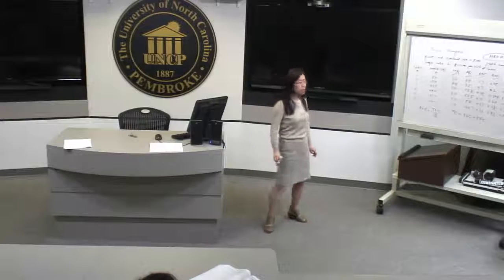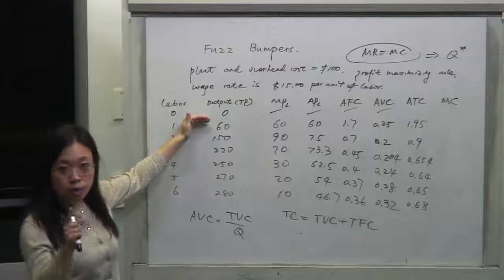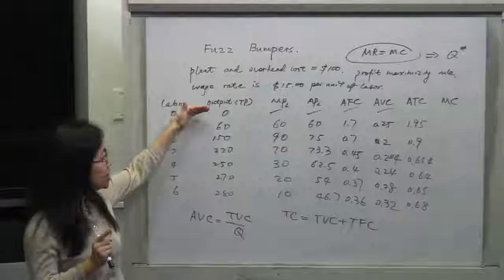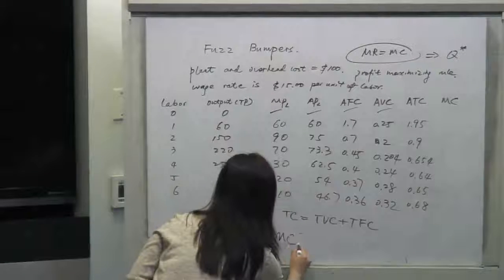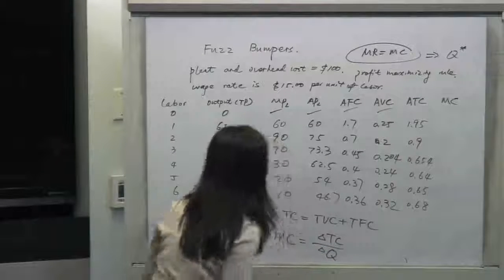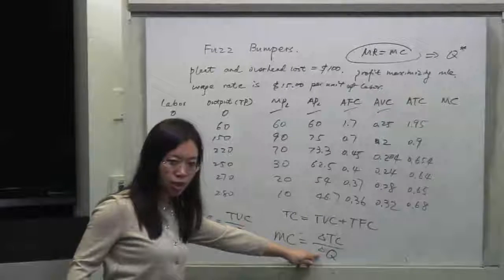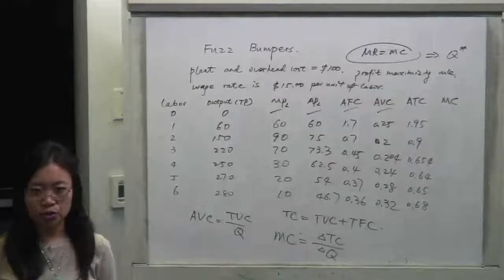You calculate the increase of total cost, then divide by what? The increase of the total output. So that's why the formula is this: the change of the total cost divided by the change of the output. This delta here, this triangle, means change.